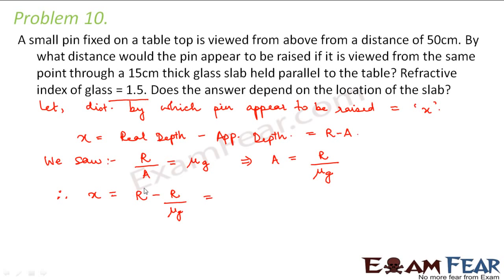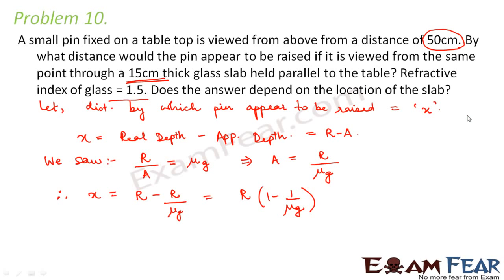So this is real depth into 1 minus 1 by mu g. So what is the real depth? The real depth is nothing but the thickness of the glass slab, which is given here as 15 centimeters, because the location from where we are viewing the small pin really doesn't matter.